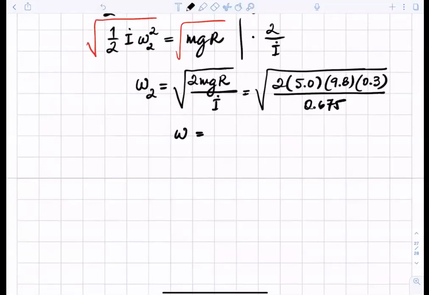When all said and done, we get that omega is about 6.5 something, 6.59, I'm sorry, so about 6.6. And those are radians per second.